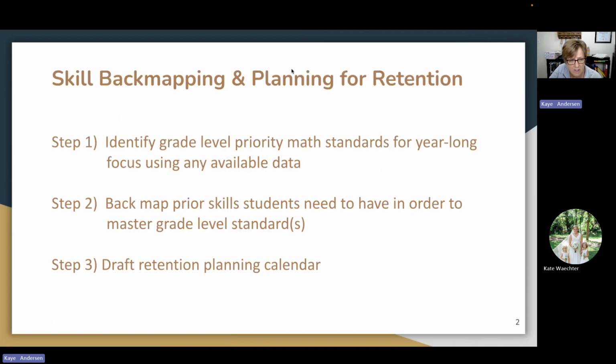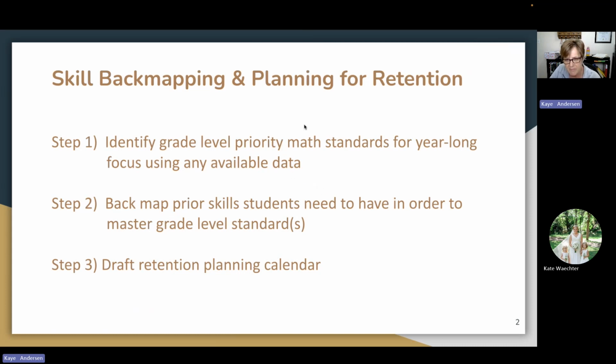There are 3 steps involved in back mapping and planning for retention. The steps start with identifying what the priority standard needs to be. Then the next part moves into working on the back map skills: what do the kids come to the class not knowing at grade level in order to be able to do grade level standards?